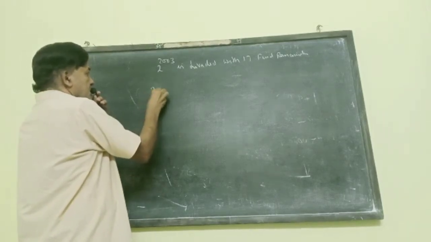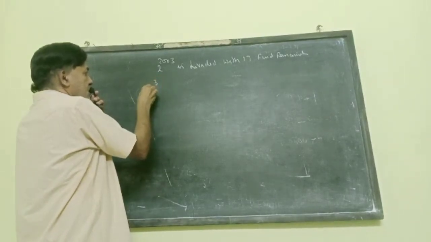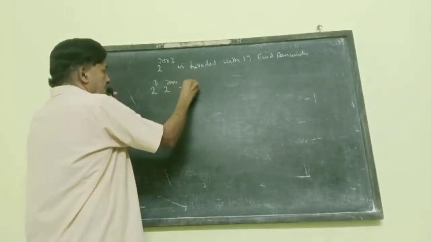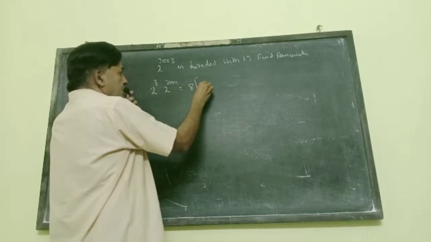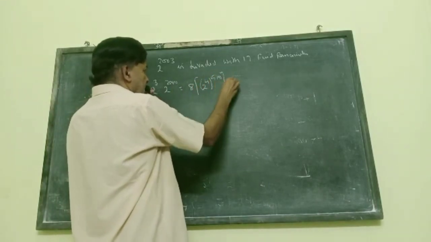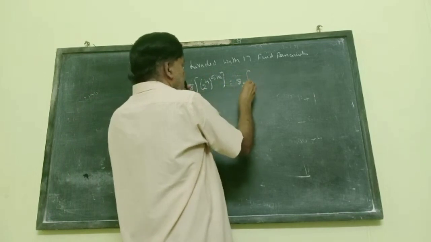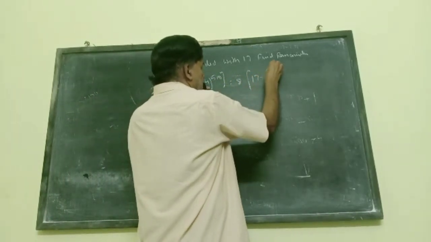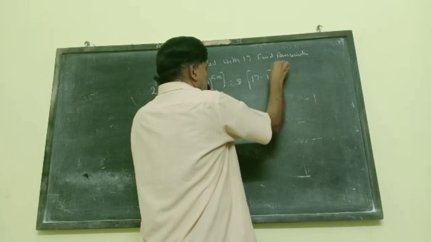You see, this 2 power 2003 is 2 cube into 2 power 2000. 8 into 2 power 2000 is 2 power 4 whole power 500. 8 into, this is 16. 16 is what? 17 minus 1 whole power 500.